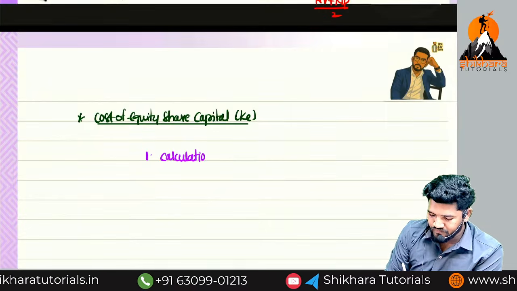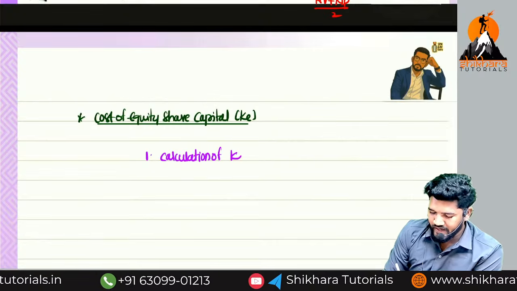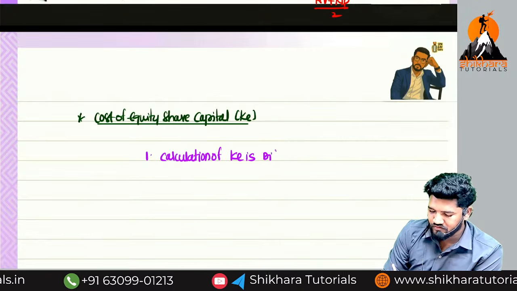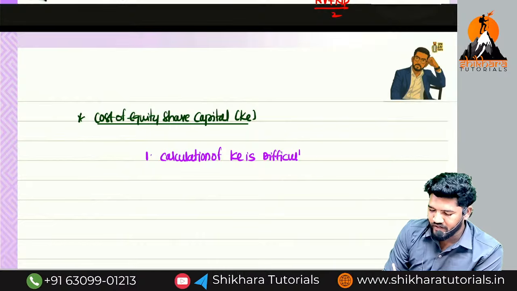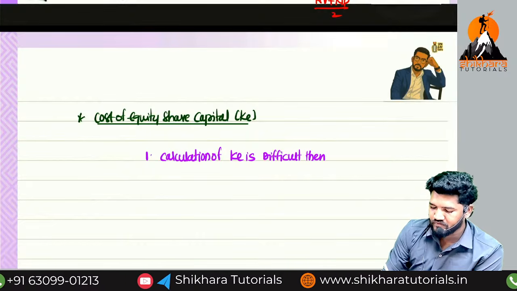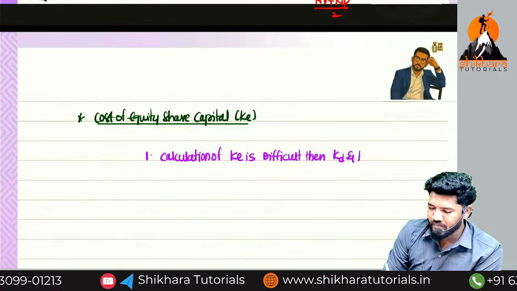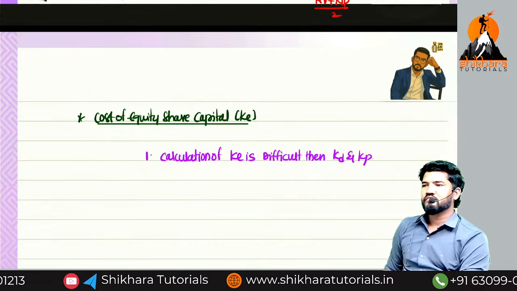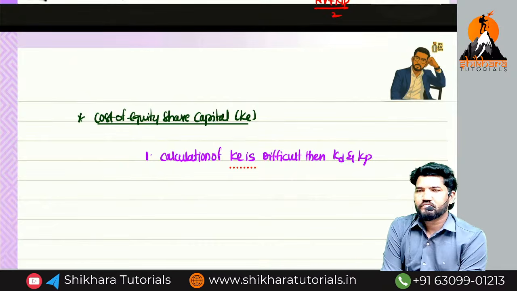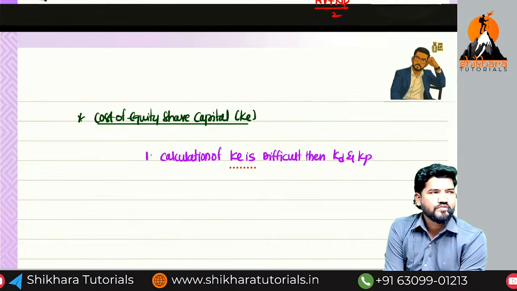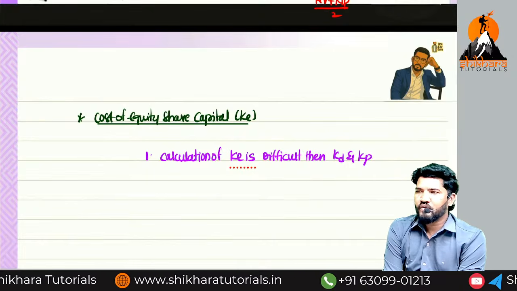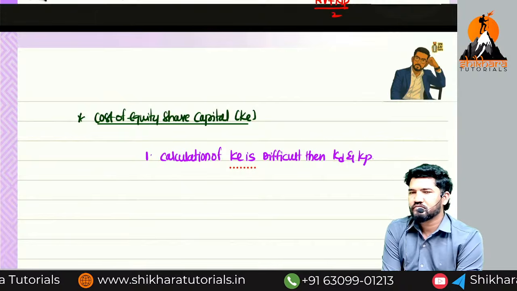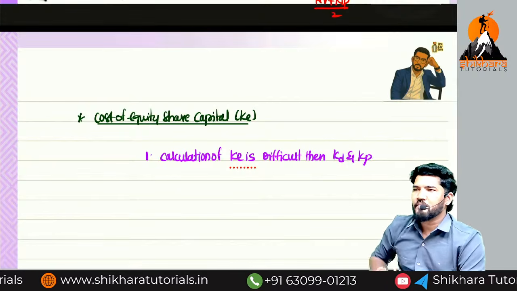Calculation of KE is difficult than KD and KP. Is the statement true or not? True or false? If it is true, why? If it is false, why? Please tell me one by one.